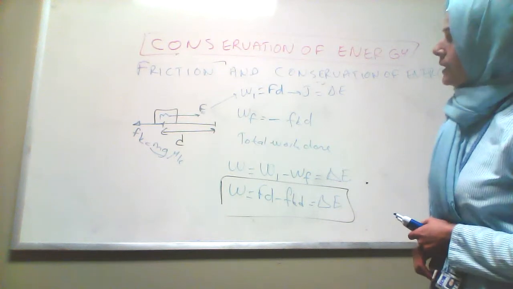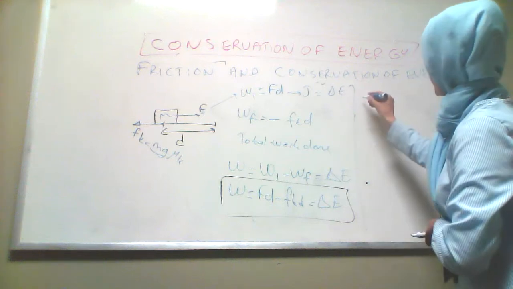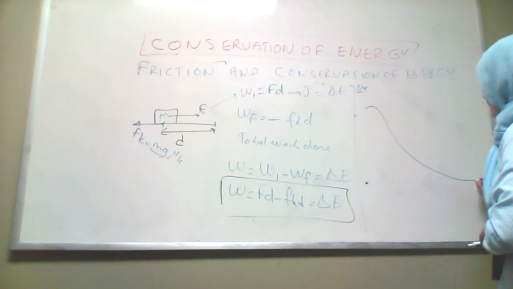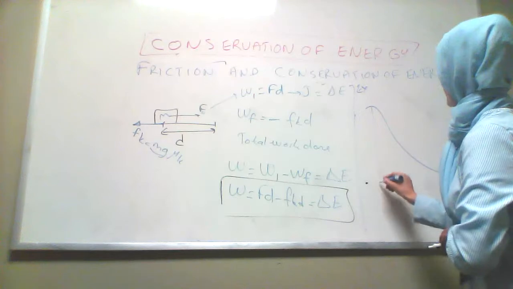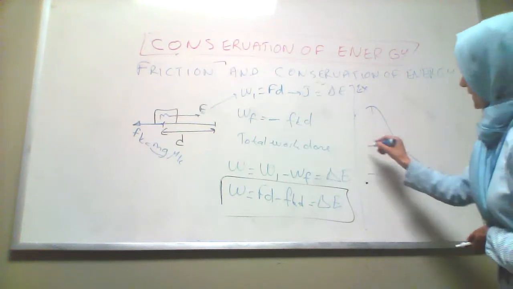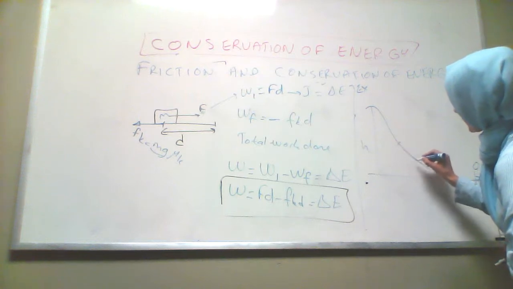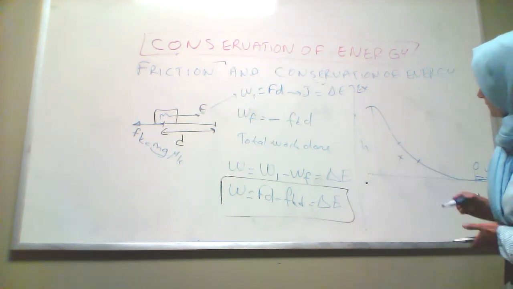So let's go back to the slide example. A child is sliding, and he's going to jump over here with a velocity. This velocity will not be the same if there was friction here. Let's say we had height h, and only at this part there was friction over a distance x.